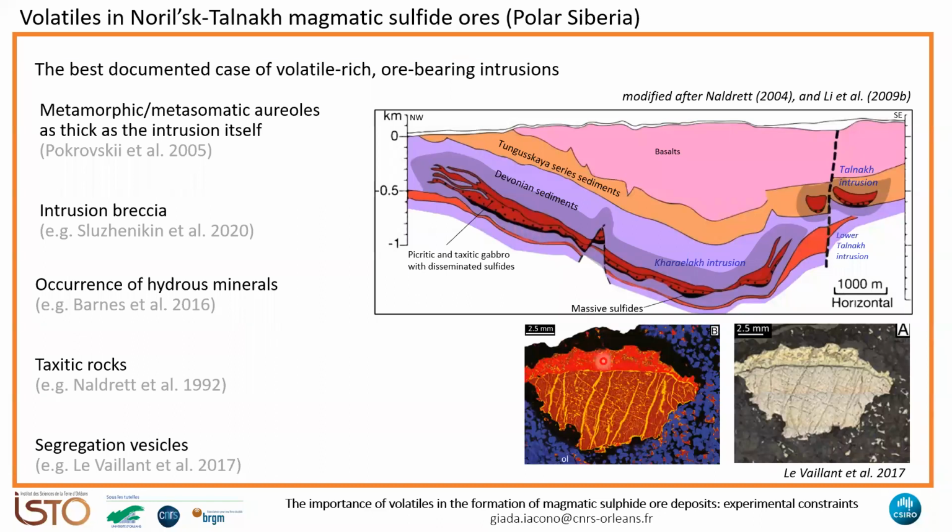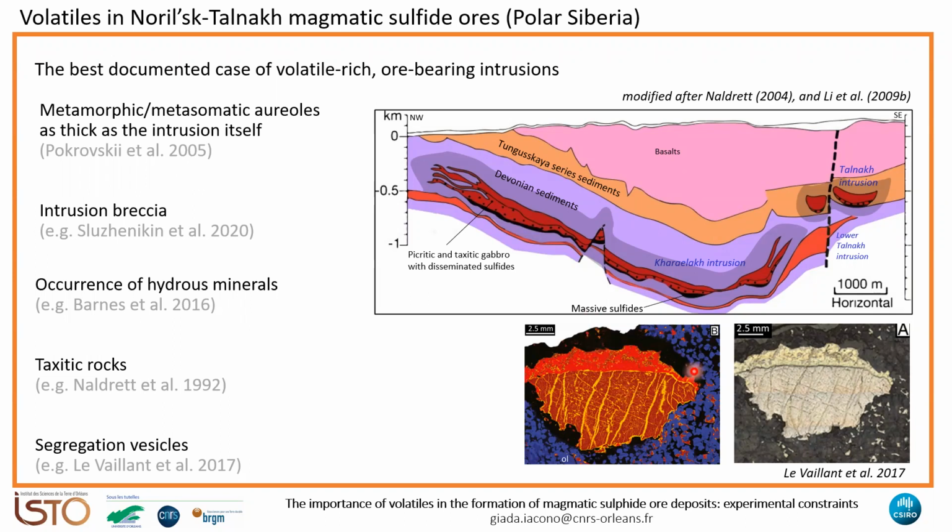Within these taxitic rocks, and within the picritic rocks as well, that are ore bearing at the base of the intrusion, we find spherical textures that, as you can see here, are voids in the primocryst framework. They are associated with sulfide minerals, and they are interpreted as segregation vesicles, so old bubbles that are now filled with secondary phases.